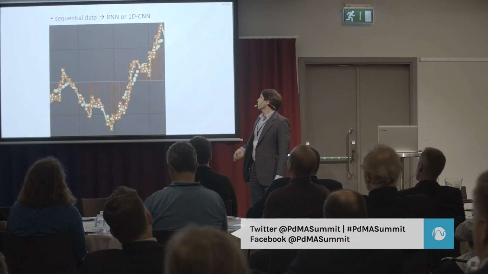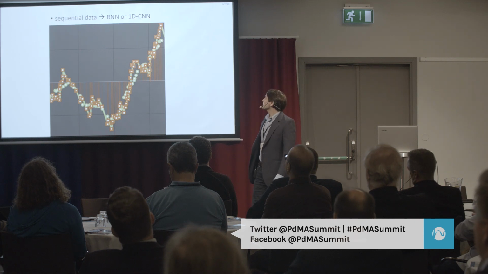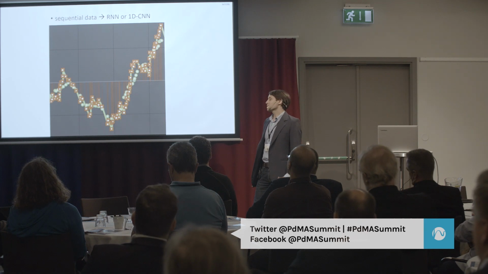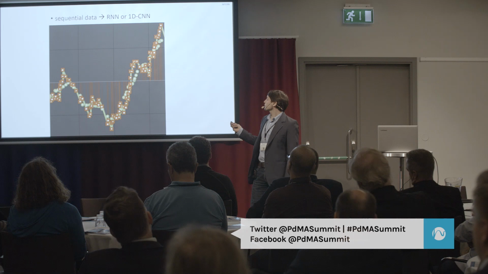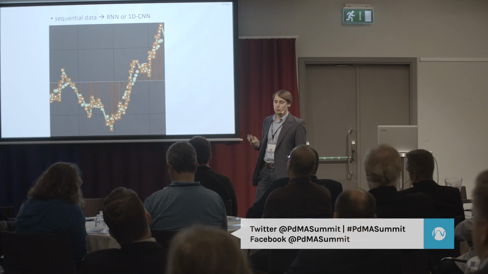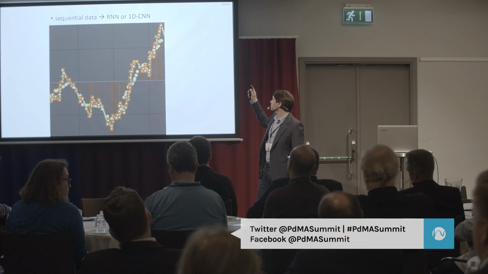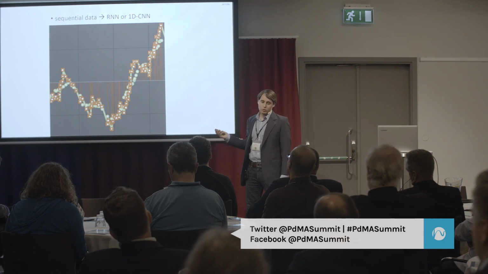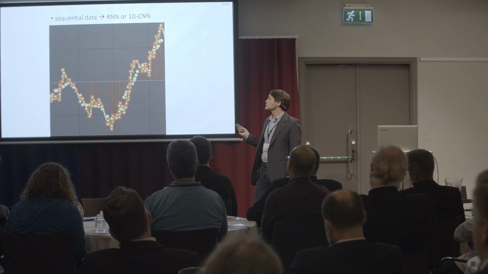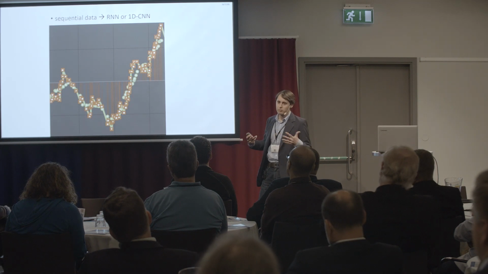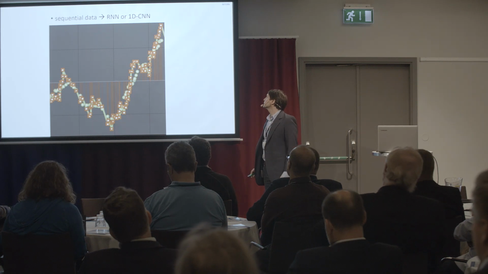Okay. Then we have sequential data, like time series, could also be other types, but time series, for example. Here the idea is to fit a curve to this time series, right? And for this, we can use recurrent neural networks, or one-dimensional convolutional neural networks, or a combination of both, as we will see later.